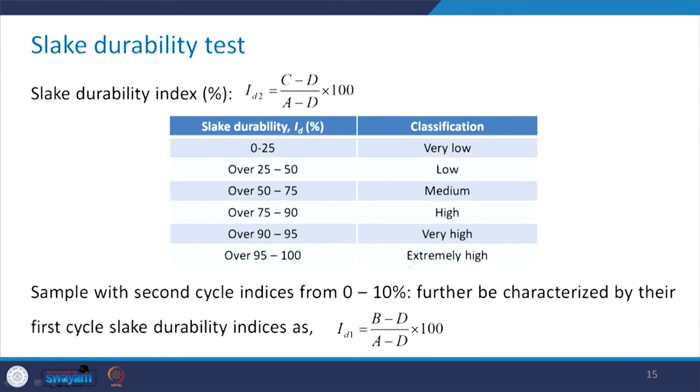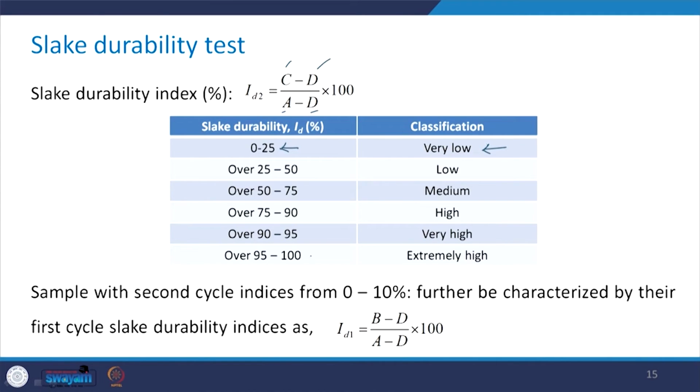This is how we find out the Slake durability index after the end of the second cycle, that is (weight C minus D) divided by (weight A minus weight D) into 100. This is represented in percentage. Now, if the Slake durability index ID is low, that is between 0 to 25, the rock is classified as very low.